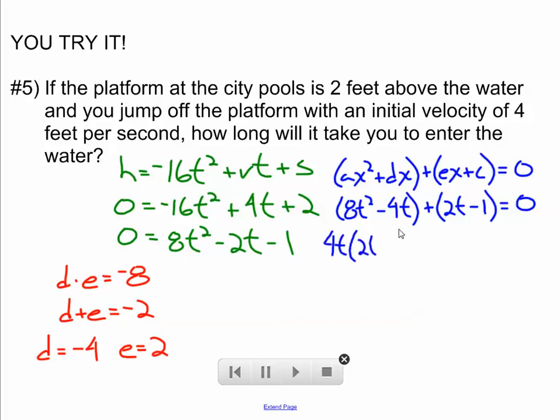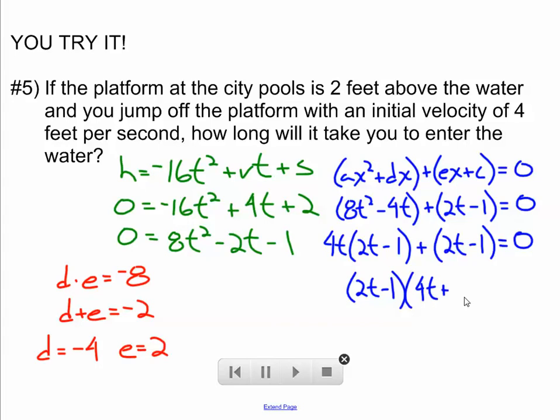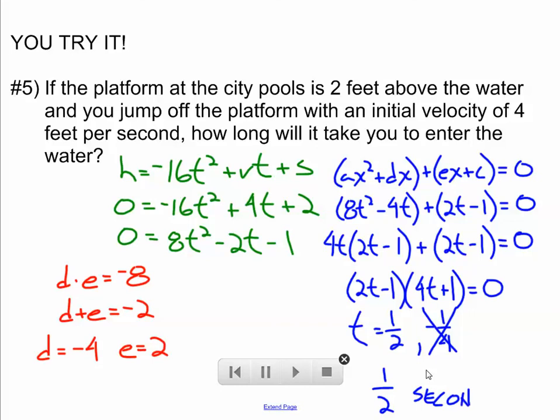Factoring out the greatest common factor of these two terms, which is 4t. Nothing can be factored out here. Writing this in factored form and solving the equation. Now we have to ignore the negative answer. Half a second.